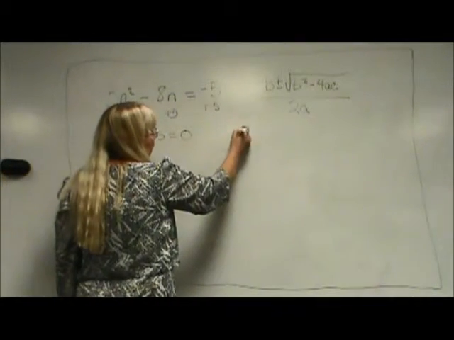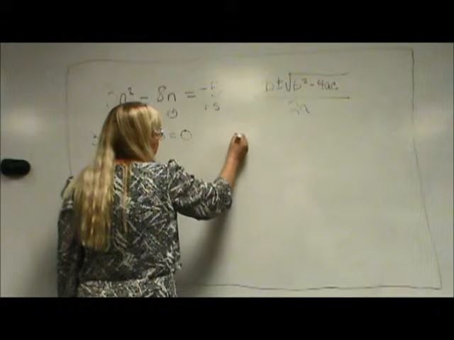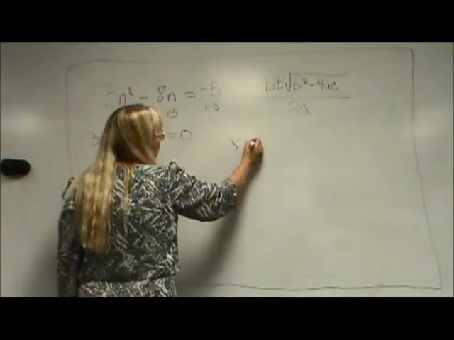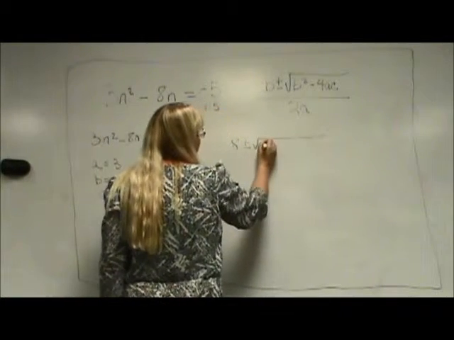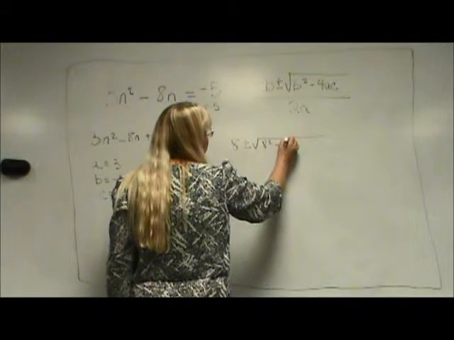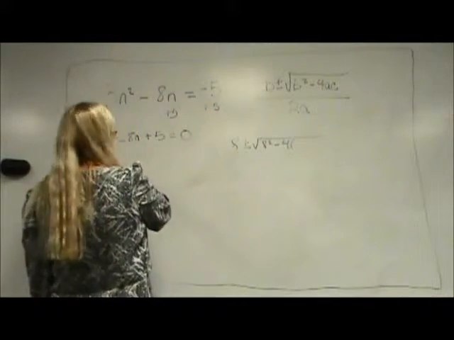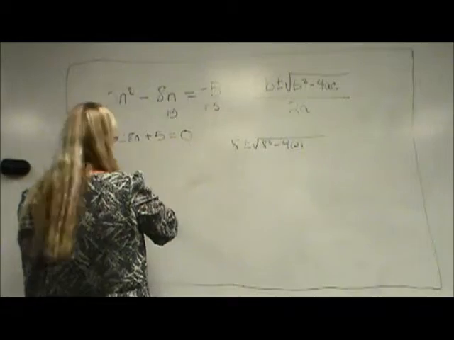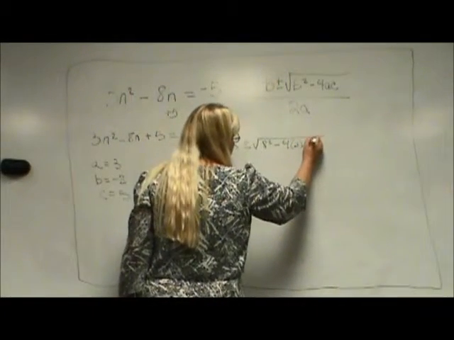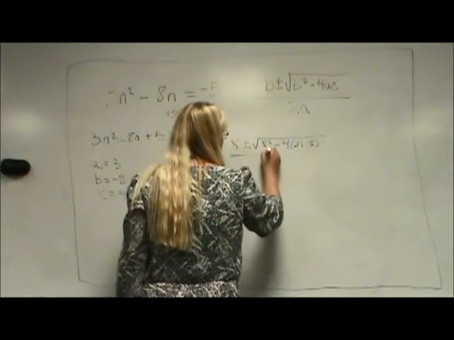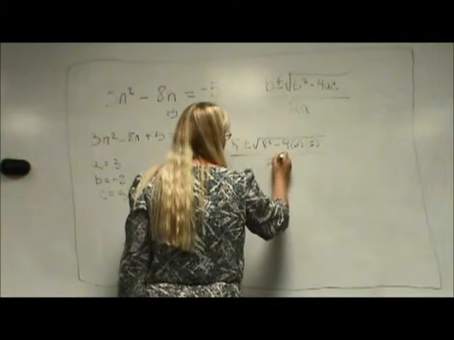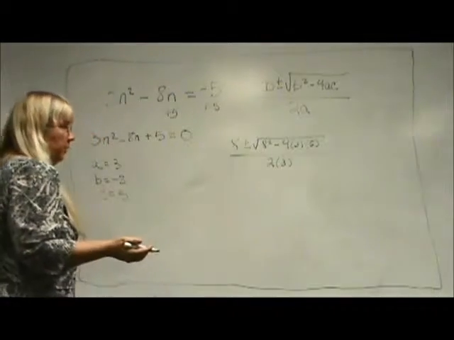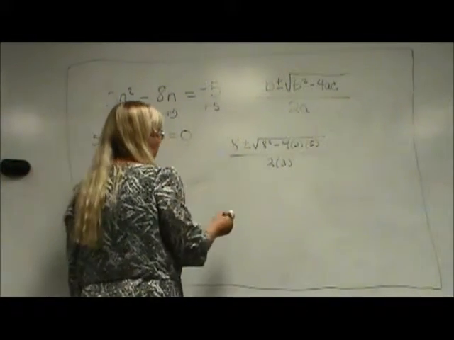Negative 8 for b right here is going to give me a positive 8 plus or minus the square root of 8 squared minus 4 times a is 3, c is 5, and 2 times 3. Now all I have to do is multiply it out and simplify it.